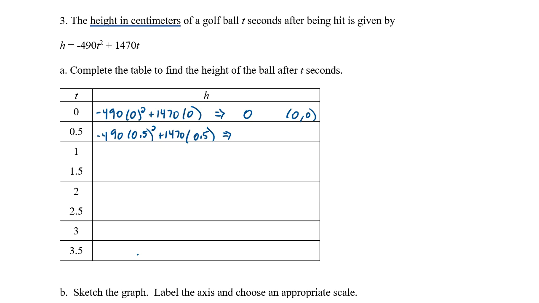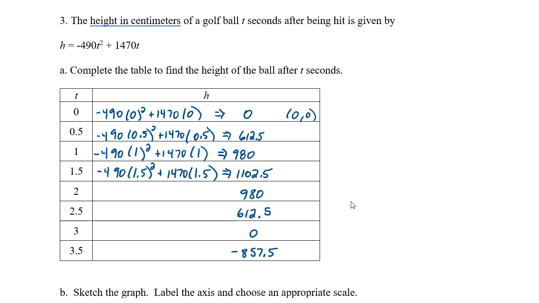But it's good to go through the first couple by just plugging them into your calculator so you can make sure that you're following your order of operations correctly and all that good stuff. So why don't you pause the video and find these values by plugging in t to this equation and finding various heights at these times, and then unpause the video when you have the table complete.